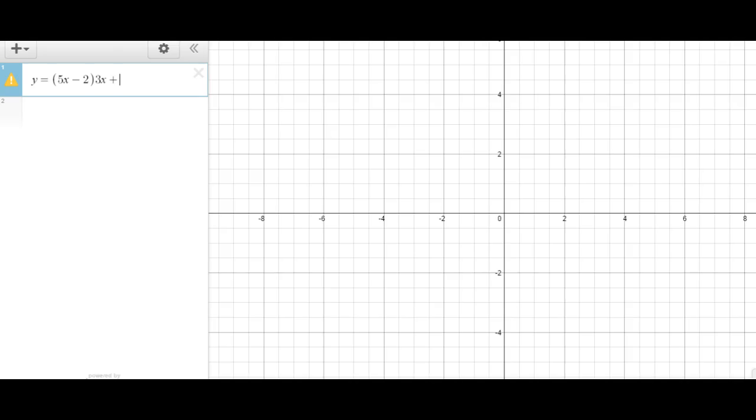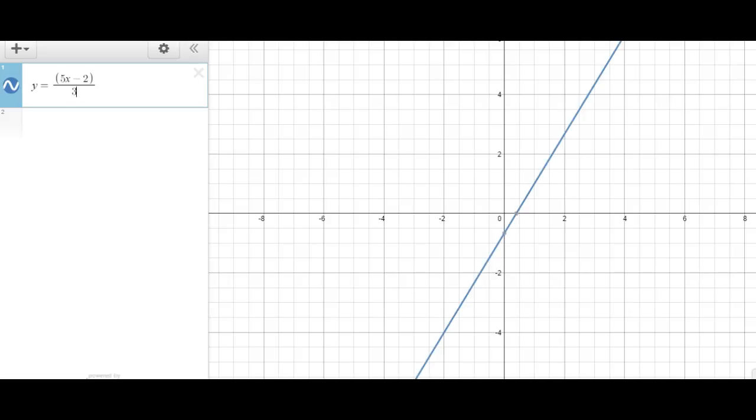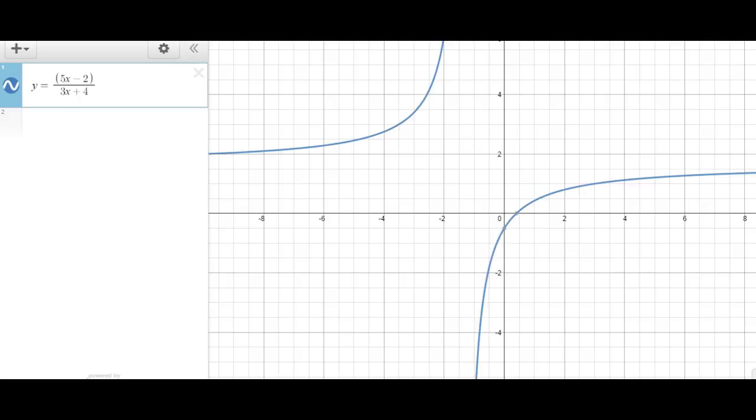Okay, so let's check that out. Divided by, what is it, 3x plus 4? Okay, so we've got the horizontal asymptote running somewhere around here.